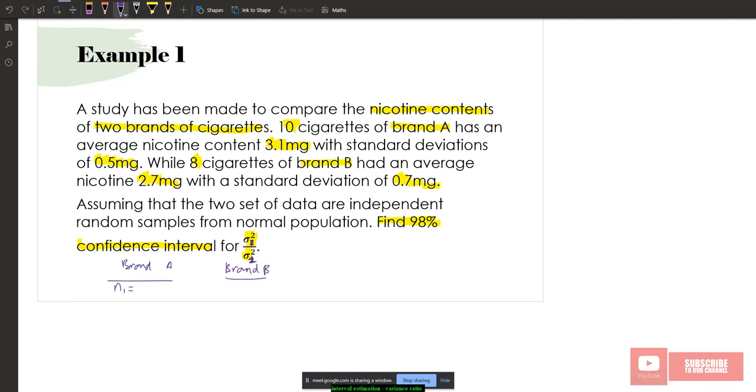N1 is equal to 10, N2 is equal to 8, and then we have X bar 1 is equal to 3.1, X bar 2 is equal to 2.7, and we have the standard deviation for brand A equal to 0.5, standard deviation for brand B equal to 0.7, right?